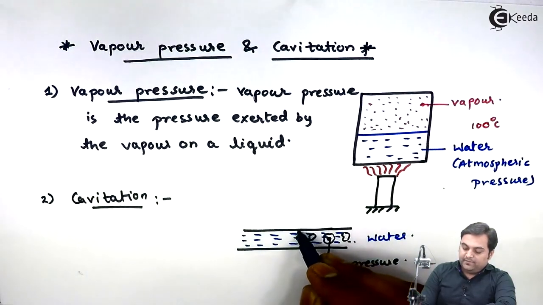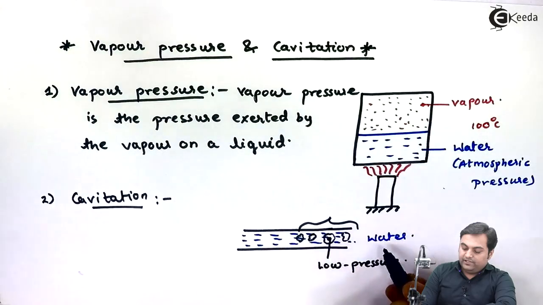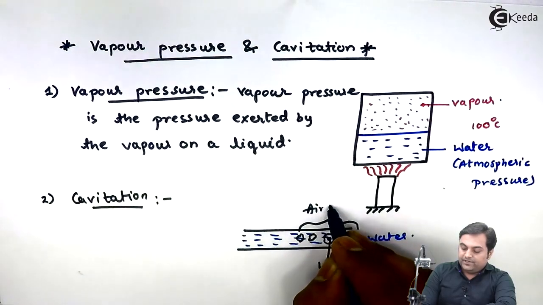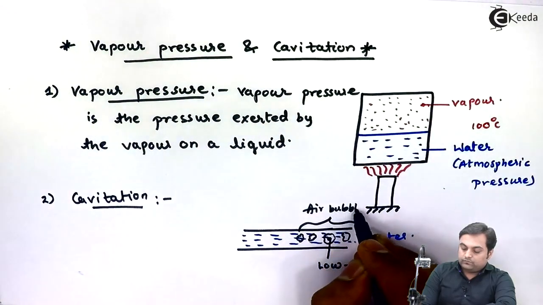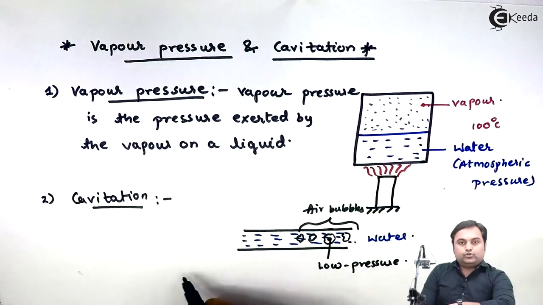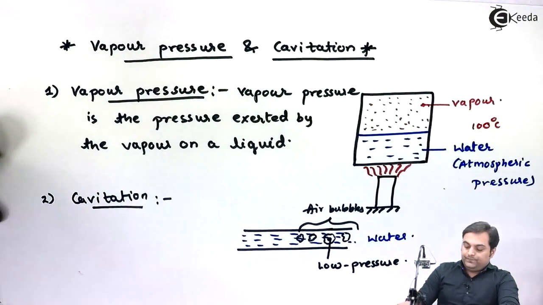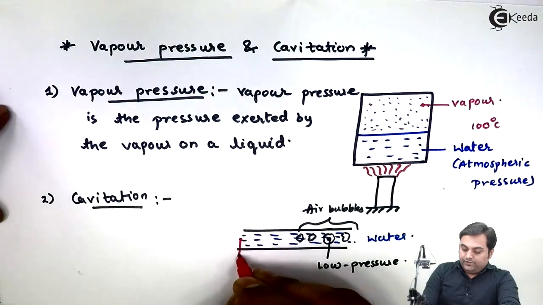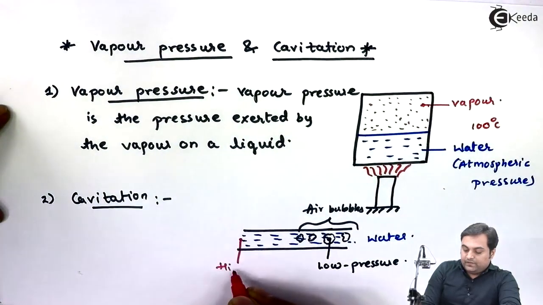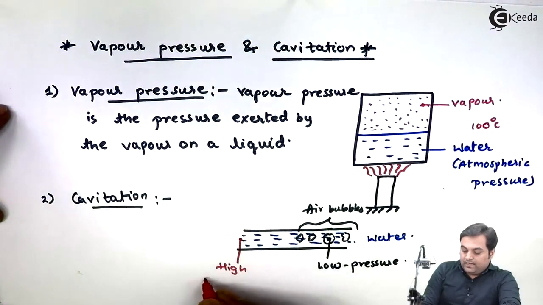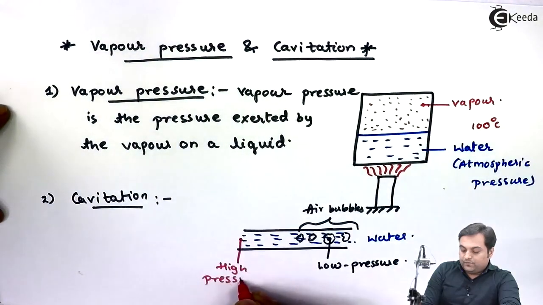Now these air bubbles which are formed in the low pressure region, when they go to the high pressure region, here I am denoting this as the high pressure region.